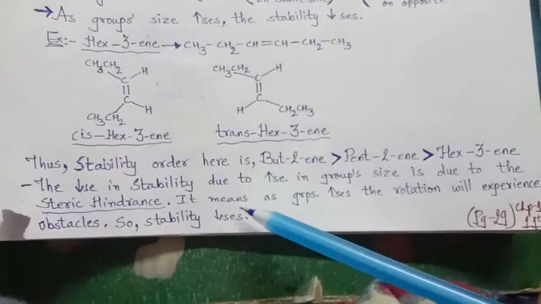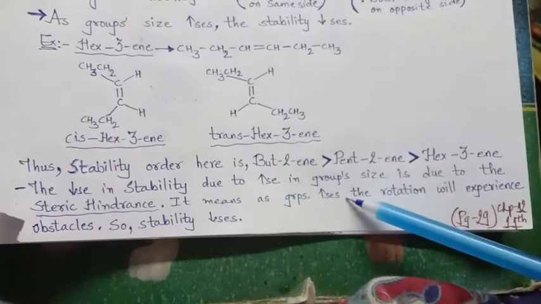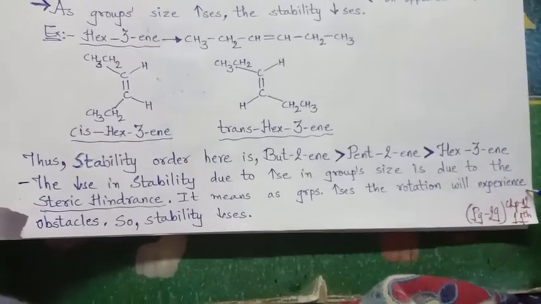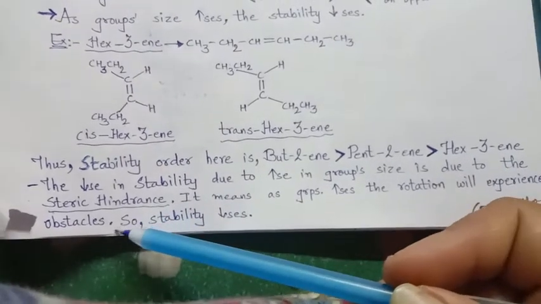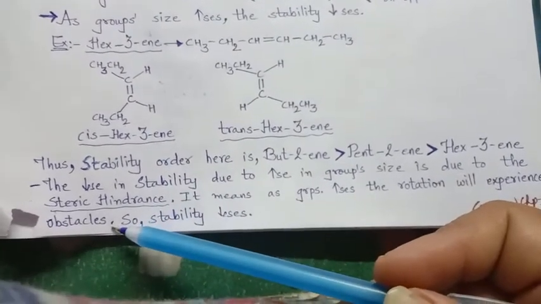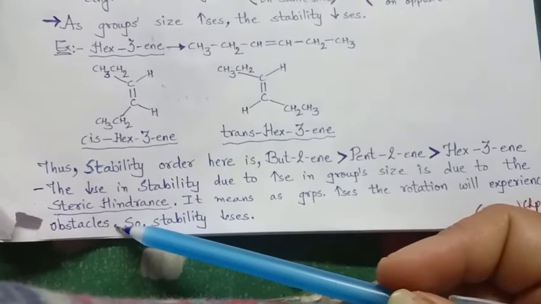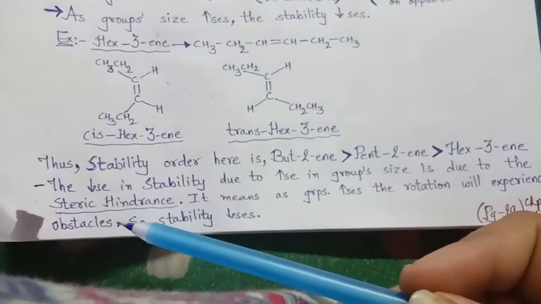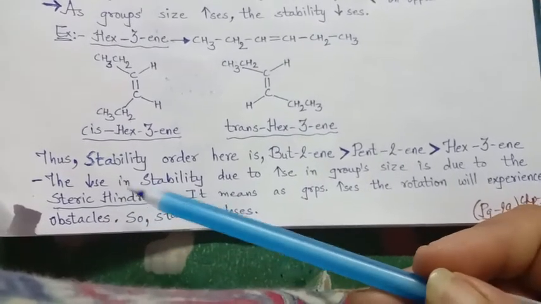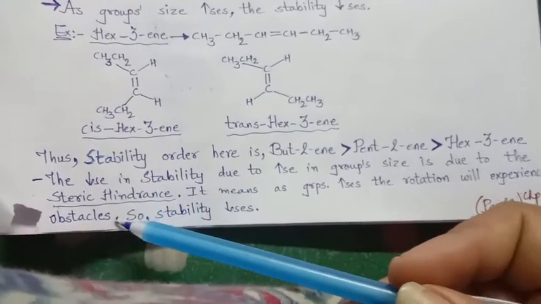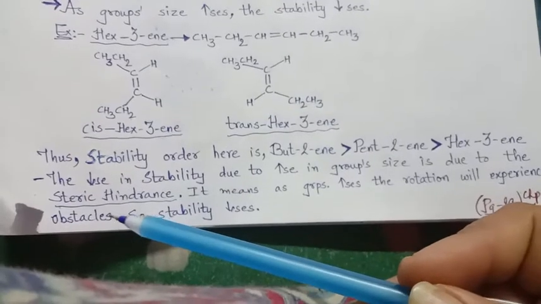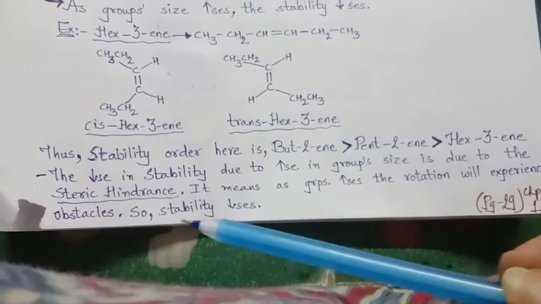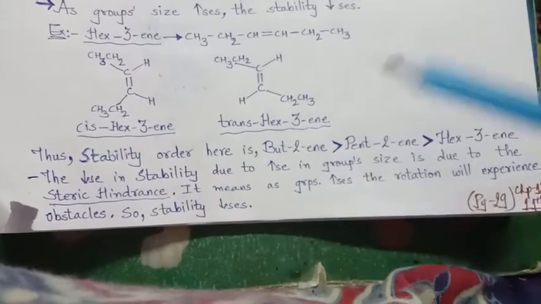So steric hindrance means as group size increases, the rotation will experience obstacle. Right? As group increases, so size increases. So the double bond will not get more space to rotate. Whatever small space was there, now that also will be hindered. And due to that, the stability of the compound decreases.